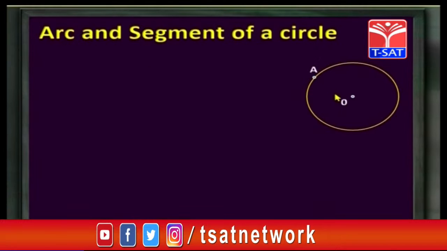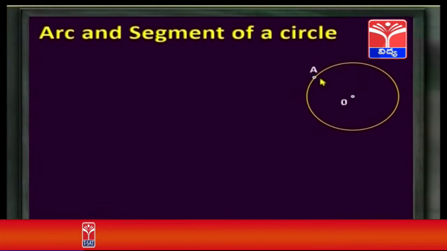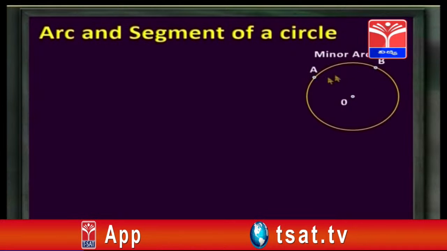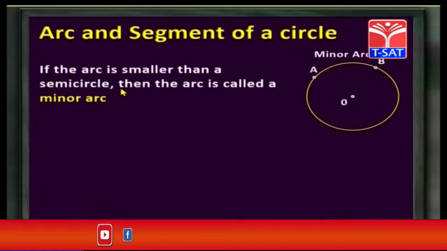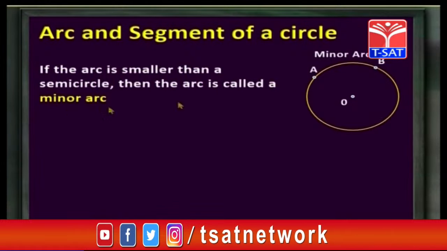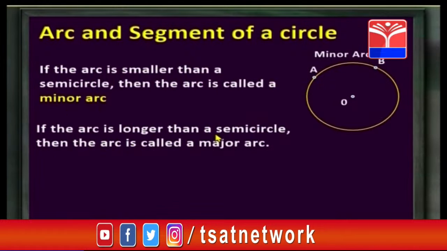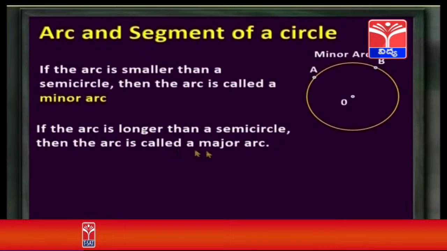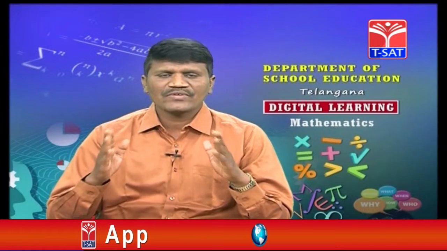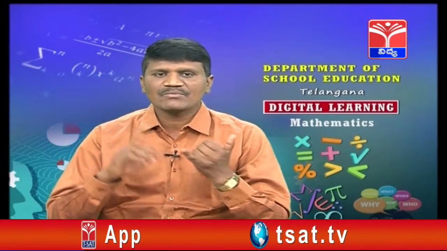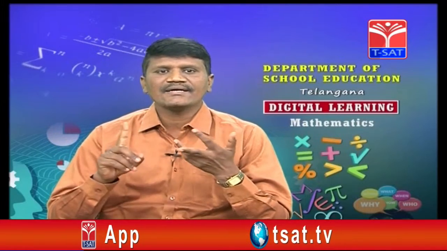Now, O is a circle and A is a point on the circle and B is one more point on the circle, then AB will be a minor arc. If the arc is smaller than a semicircle, then the arc is called a minor arc. If the arc is longer than a semicircle, then the arc is called a major arc. So, now we have seen 3 types of arc: a semicircular arc, minor arc and major arc.